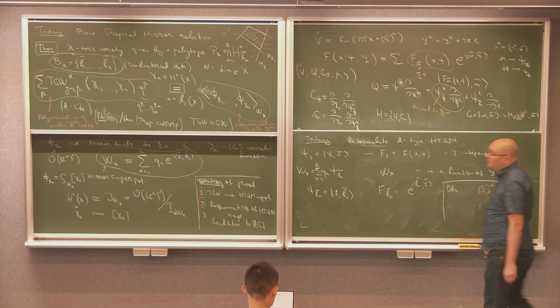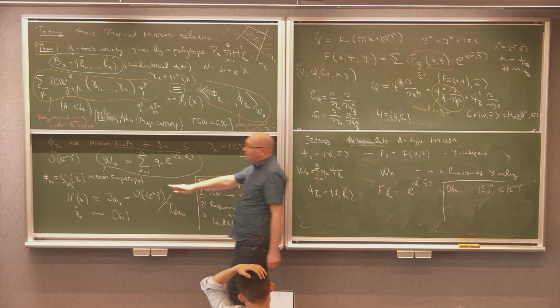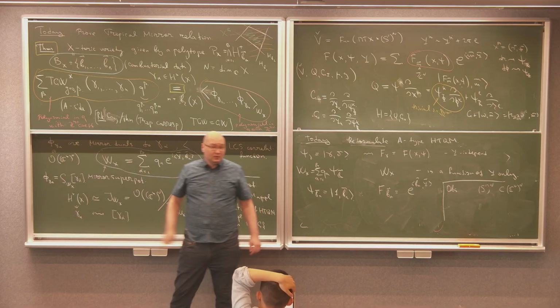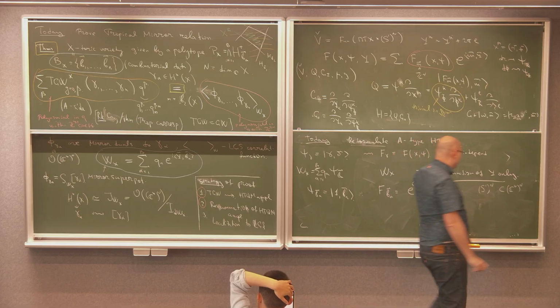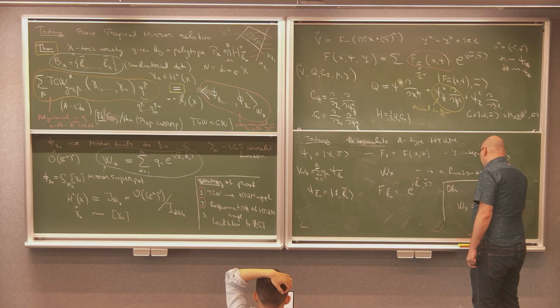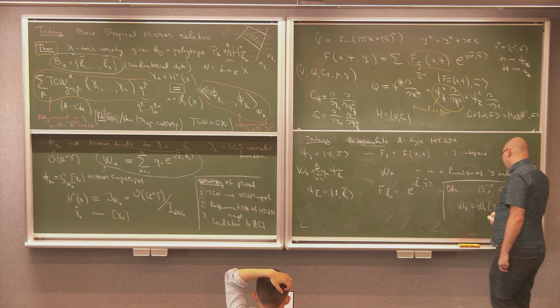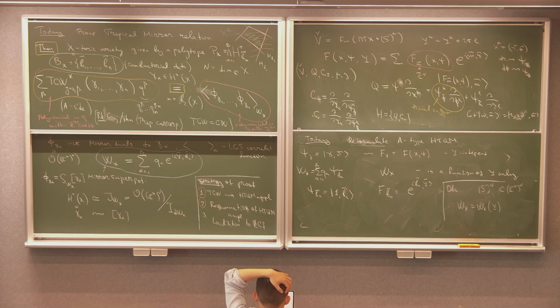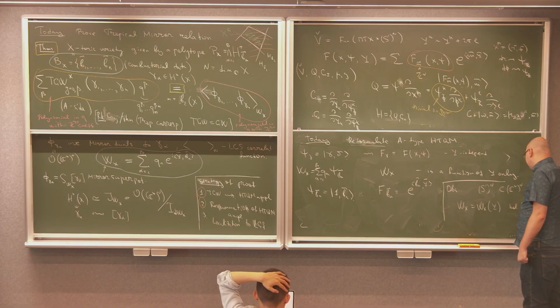And this C star to the power n is essentially our mirror dual to the toric variety. And these functions w of x, which are only functions of y variables, we can treat as holomorphic functions in this C star to the power n.